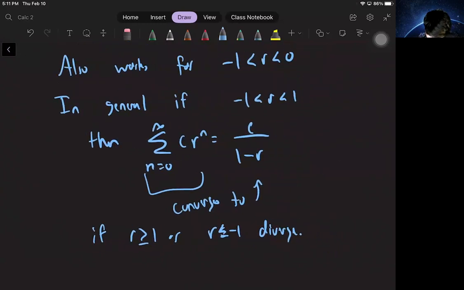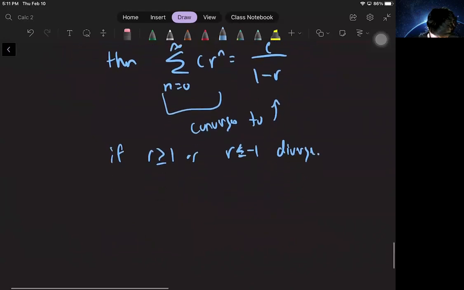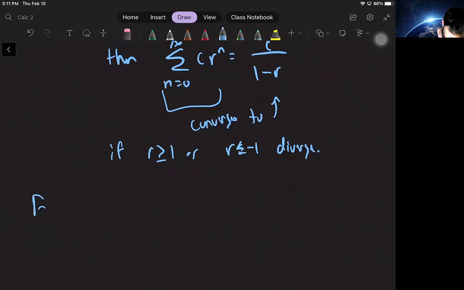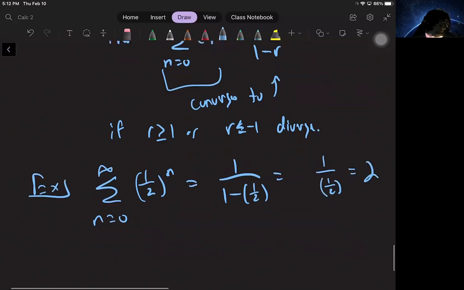So it's pretty nice. So we can solve a whole bunch of series problems all at once now. So for example, something like this. Why don't we just test out our little formulas for something that we already know? This is supposed to be 2. But now let's use the formula. So c is 1, 1 minus r is 1/2. So you get 1/(1/2), which is in fact 2, which is what we got the long way.